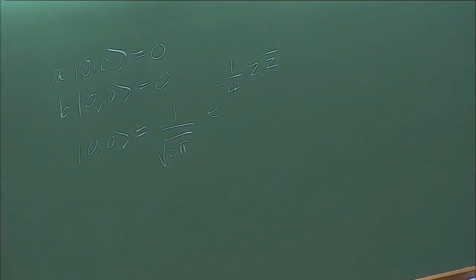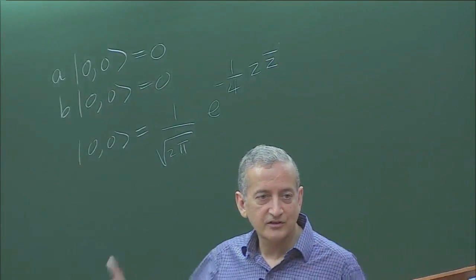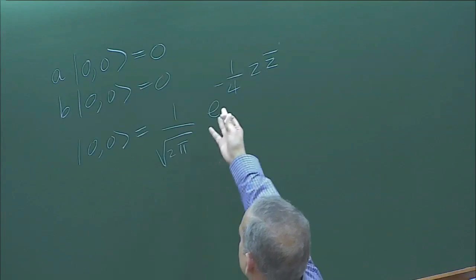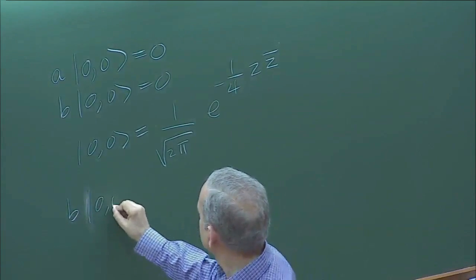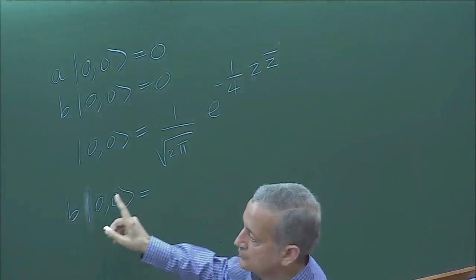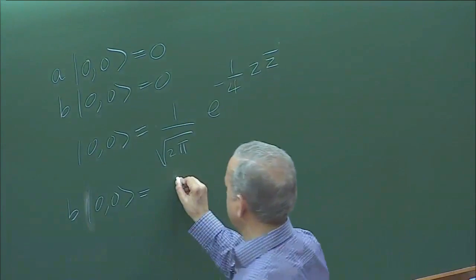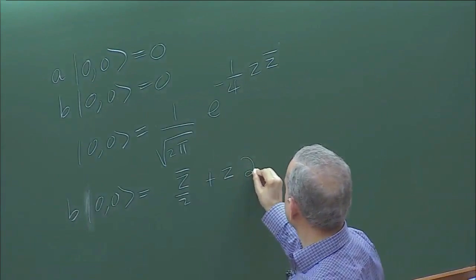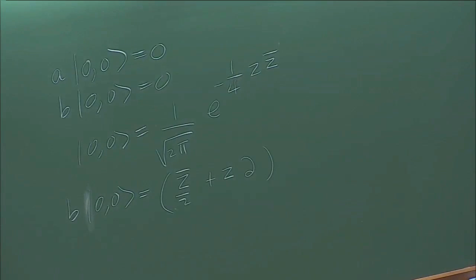So let's see if it satisfies one of these two equations. You can check for the other equation. So let's apply B onto this. So for B, I have this expression z bar over 2 plus z del. I hope it works out.